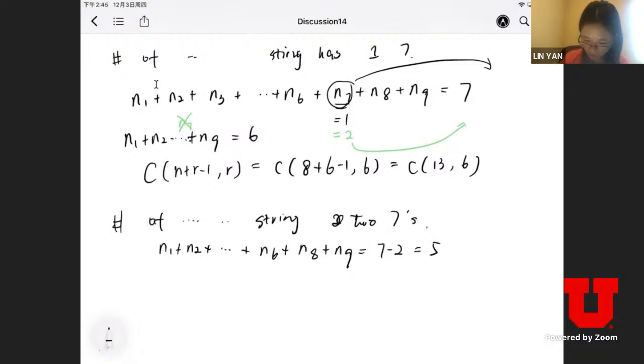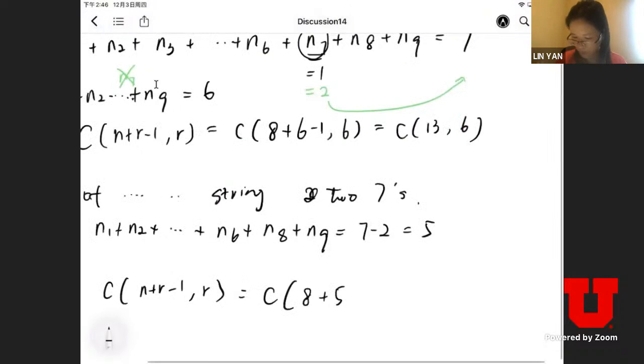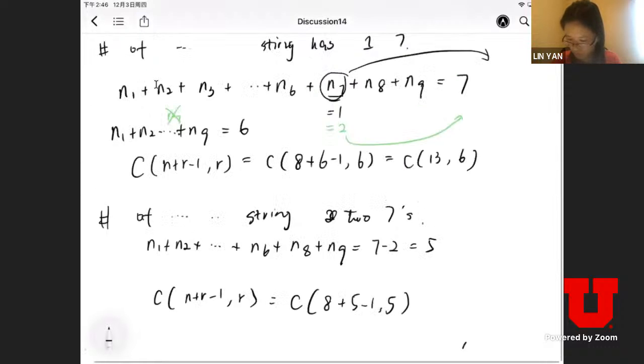So the bag problem becomes n equal to 8, r equal to 5. So it's 8 plus 5 minus 1 choose 5, which is 12 choose 5.